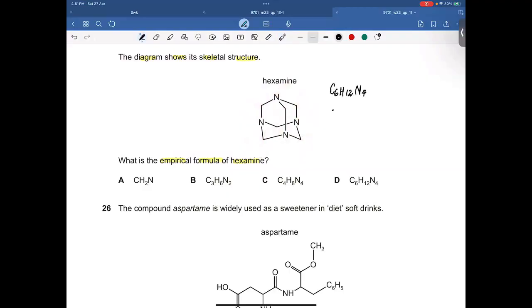So we have 6, 12, 4. Let me divide this by 2. It's going to be 3, 6, and 2. So the empirical formula is C3H6N2. So I believe B is going to be the right answer.